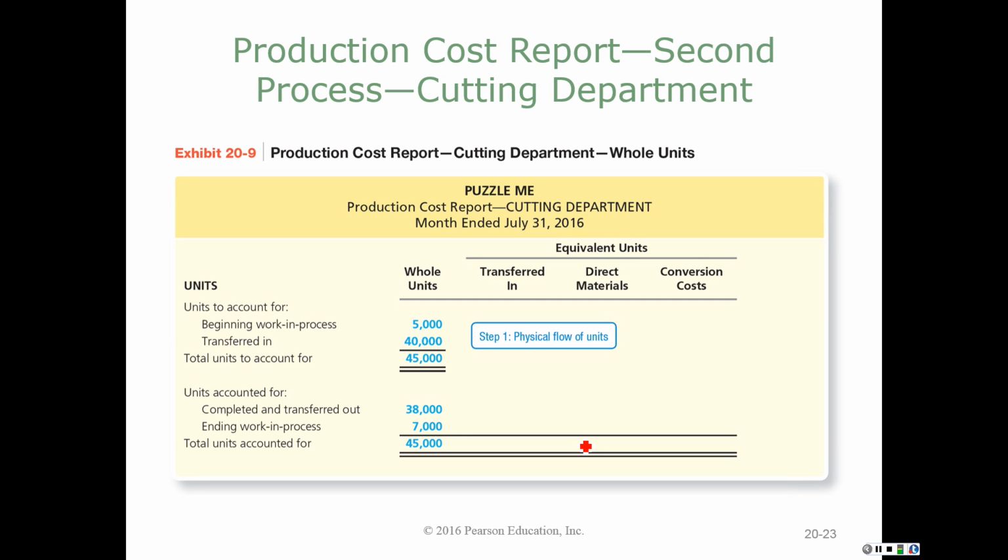Then come back and we're going to go through the process one more time. Hopefully this one will move a little quicker since you've already seen it once, but we'll go through this process one more time to see the same illustration of those costs once they get moved to the next department.